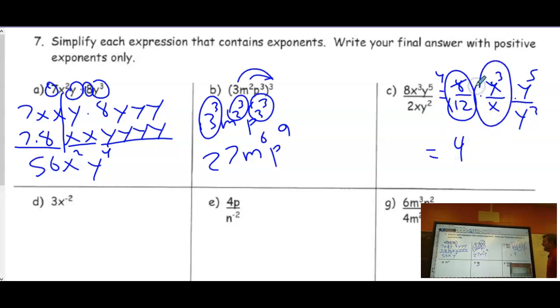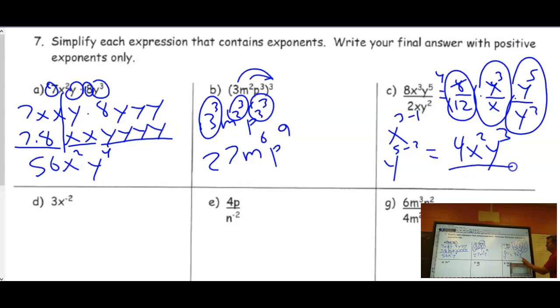Here I'm going to subtract the exponents. That would be x to the 3 minus 1, which is x squared. And here I'm going to subtract the exponents. That would be y to the 5 minus 2, which is y to the 3rd. And that's my final answer.